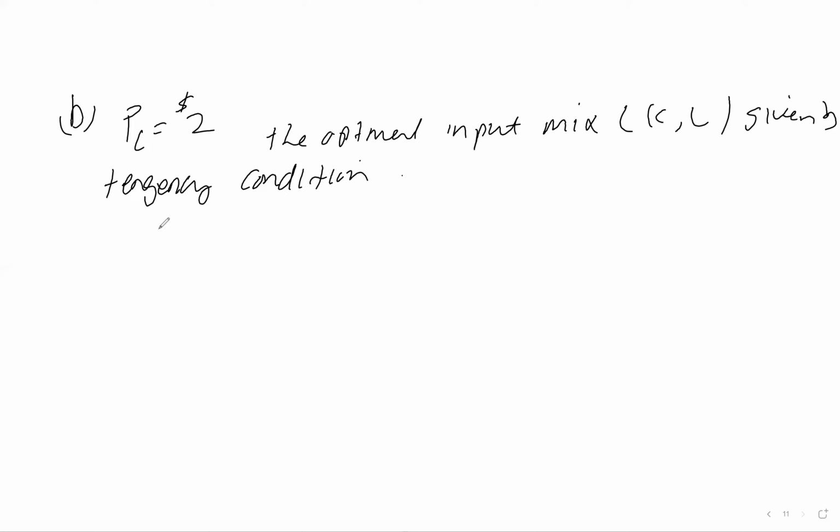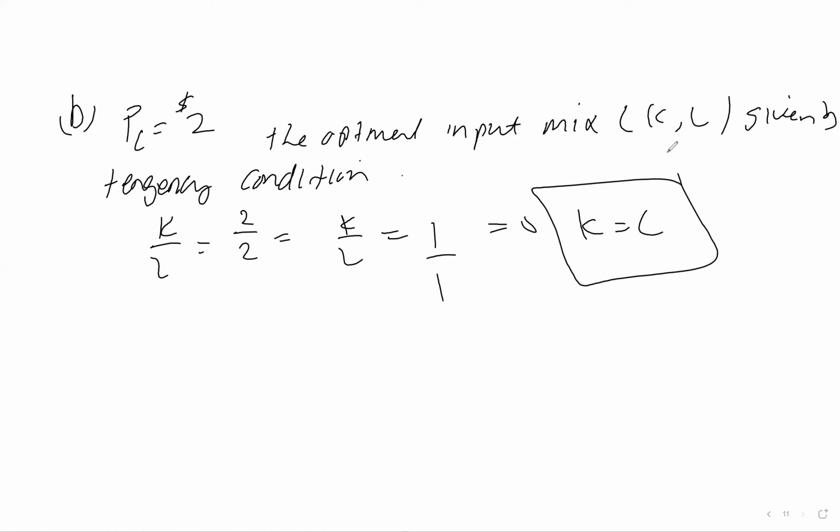And that is K over L. That is equal because it's 2 over 2, and that is equal to K over L, and that's equal to 1. So this implies 1 over 1. So we have K is equal to L. That's the condition.